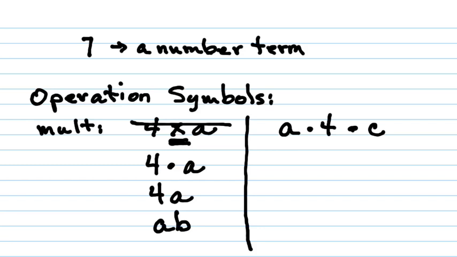So do I even need the multiplication symbols? No. But we don't want to just put them together in the order they are. That still means multiply together. But instead, I want to make it neat and clean and tidy. So the first thing I want to do is any numbers should come where? First. Any number that you have is going to come first.